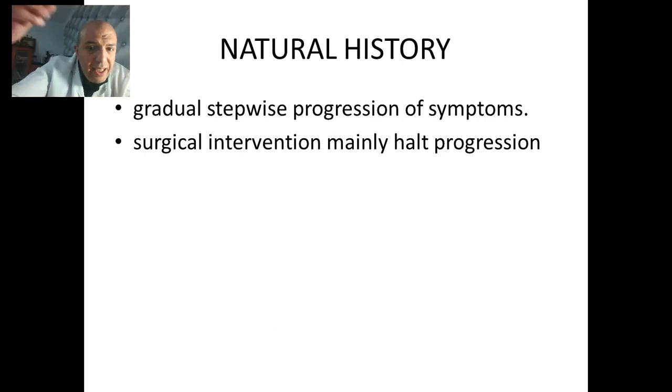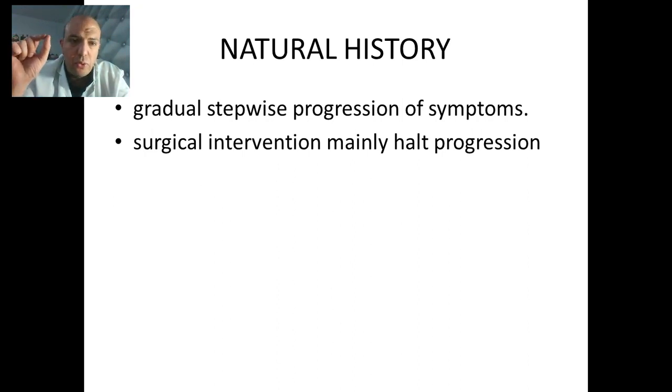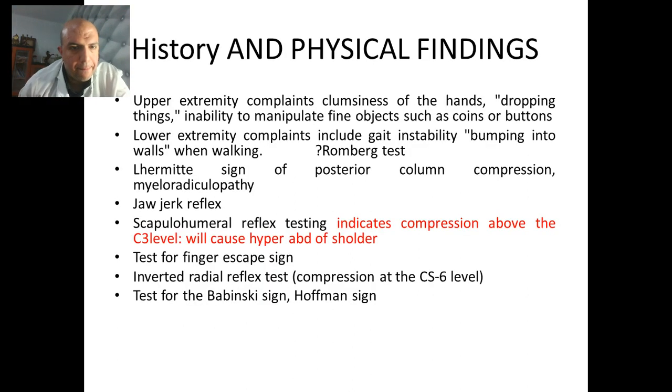So the rule here is operative, not conservative. But you have to inform your patient that the operative management isn't for returning him to even near normal. The main goal of the surgery here is to hold the progression, not to improve his manifestations, which I will tell you.